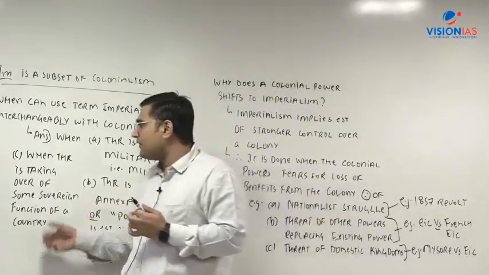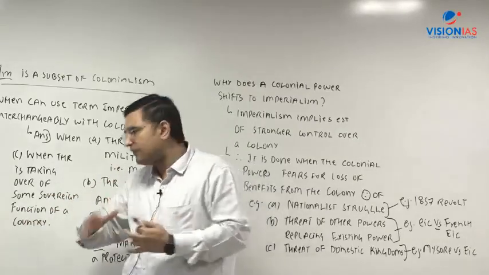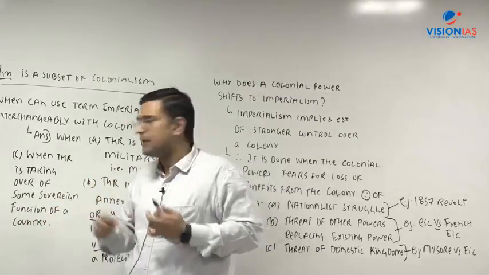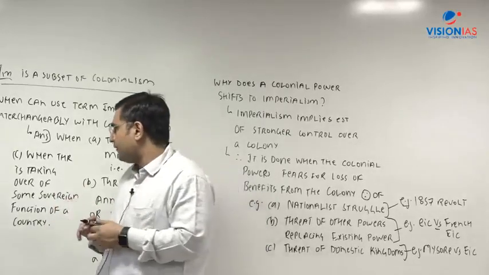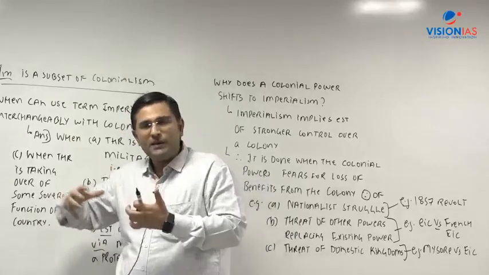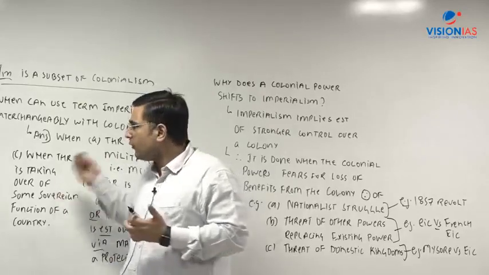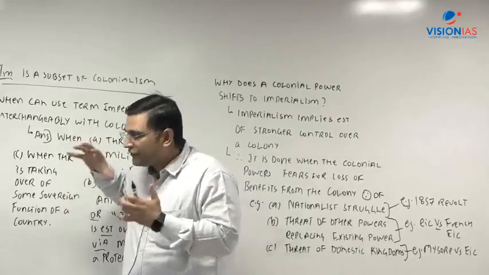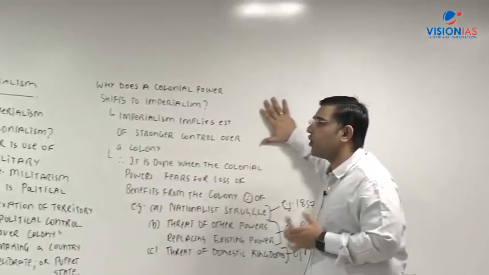When you are taking over some sovereign function, for example, you took foreign policy under your control, or you took budget making under your control, then you are establishing some kind of stronger control over the colony. So it is for your stronger control. So imperialism implies establishment of stronger control over a colony.